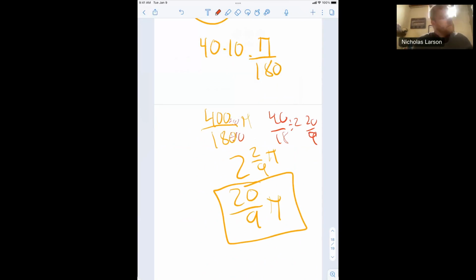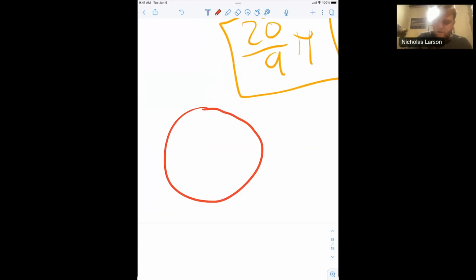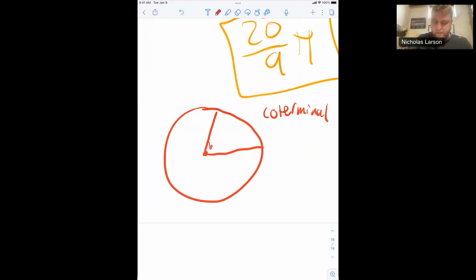All right, two more things, I guess. We can have something called a coterminal angle. Basically, it means the same thing. So let's call this angle 60 degrees.